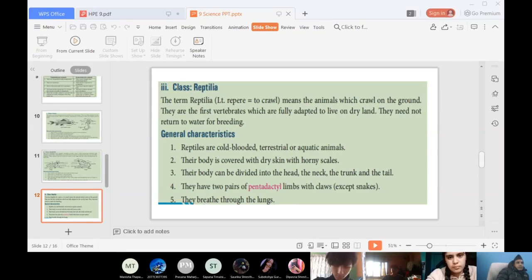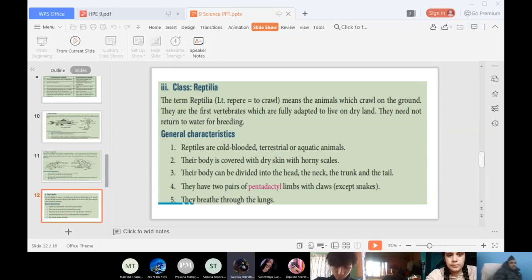They have two pairs of pentadactyl limbs, meaning 5 fingers in their limb, and they breathe through gills. Sorry, gills or lungs? Lungs.